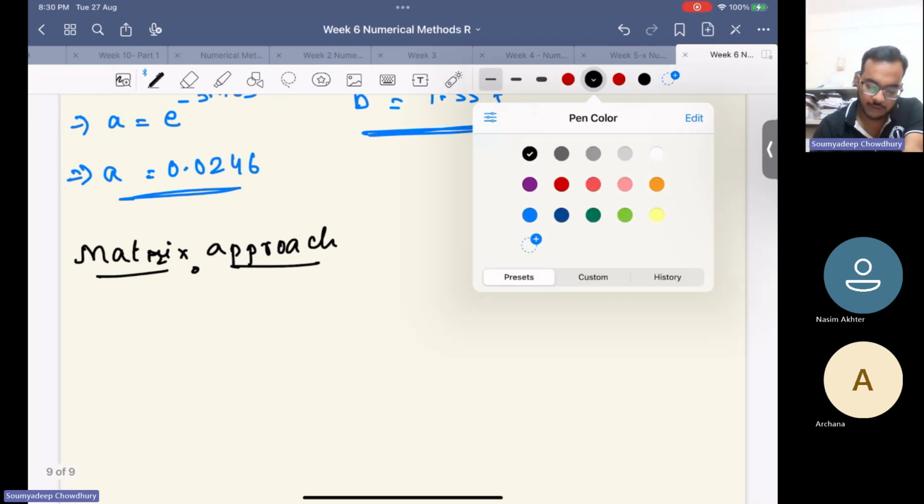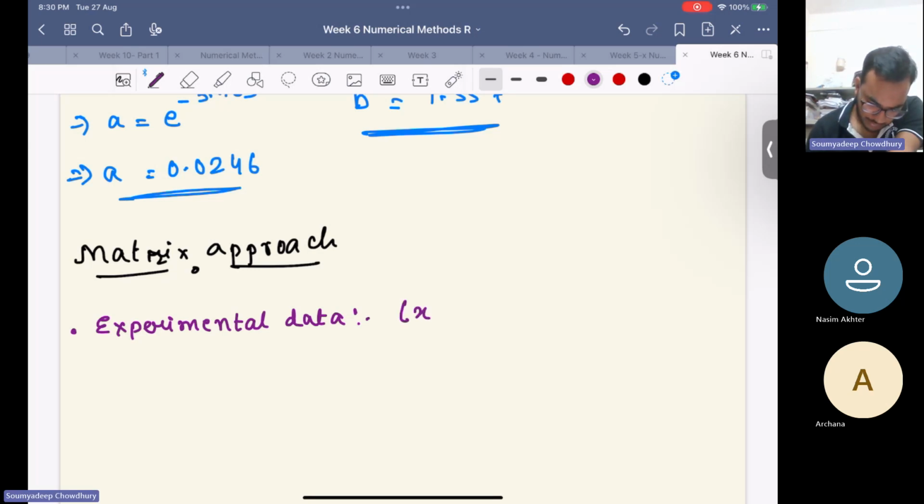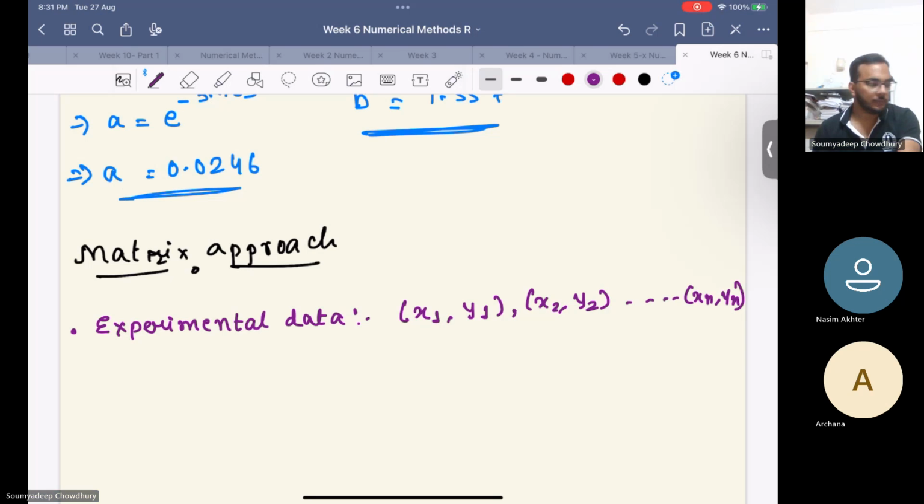So for this, first of all, the experimental data are given to us, right? X1, Y1, X2, Y2, like this we have till Xn and Yn, right?